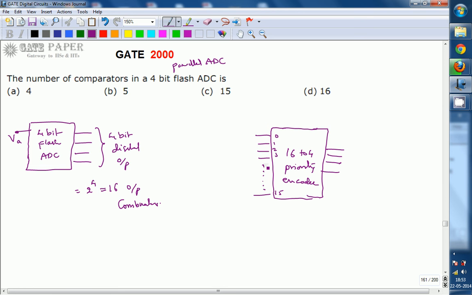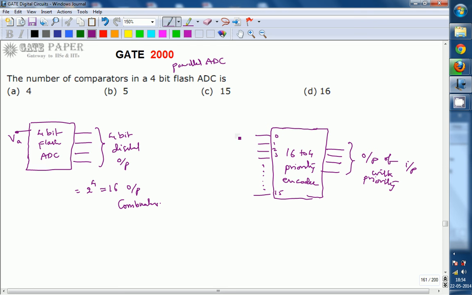So that highest priority signal will be converted into digital, and that will be the output. Even though there are many active input signals, the one with the highest priority is given the digital code as the output.